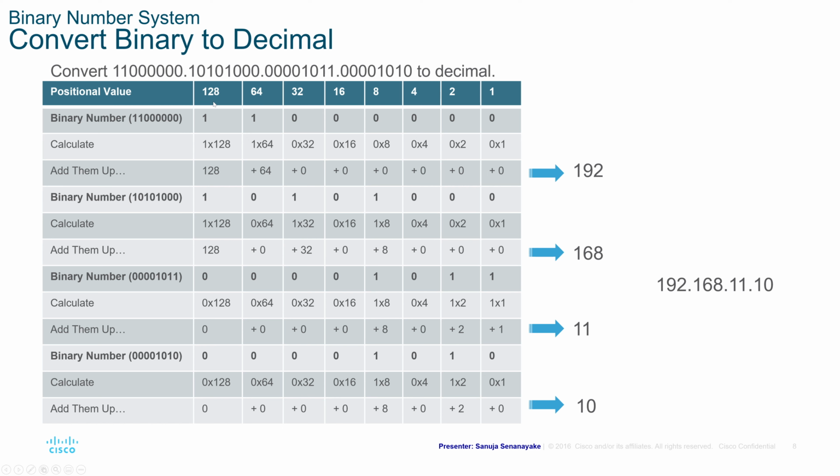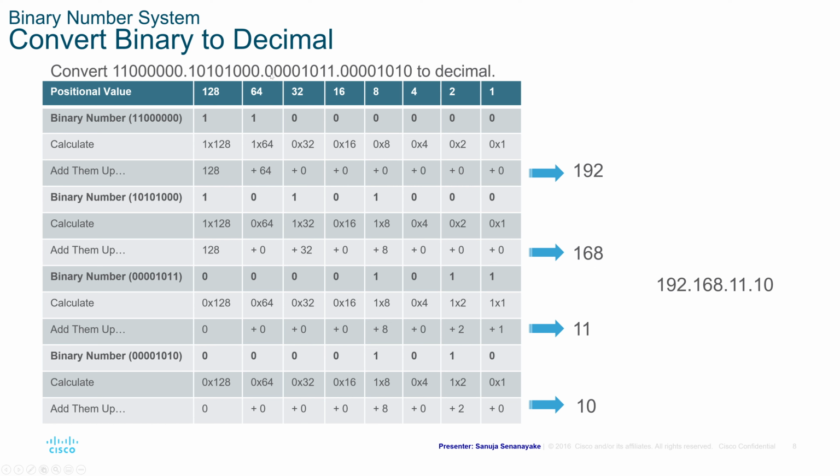So that means 1 times 128 gives you 128, nothing on 64, 1 on 32, nothing on 16, 1 on 8, and nothing for the rest, 4, 2, 1. So we're going to add 128 plus 32 plus 8, which gives you 168. So we have 192 for the first octet, 168 for the second octet.